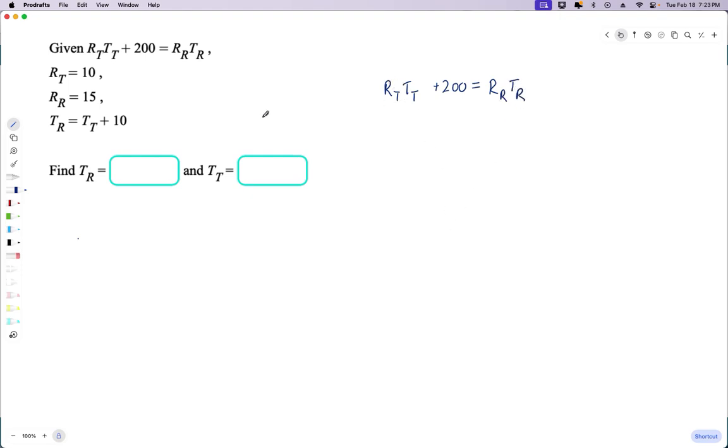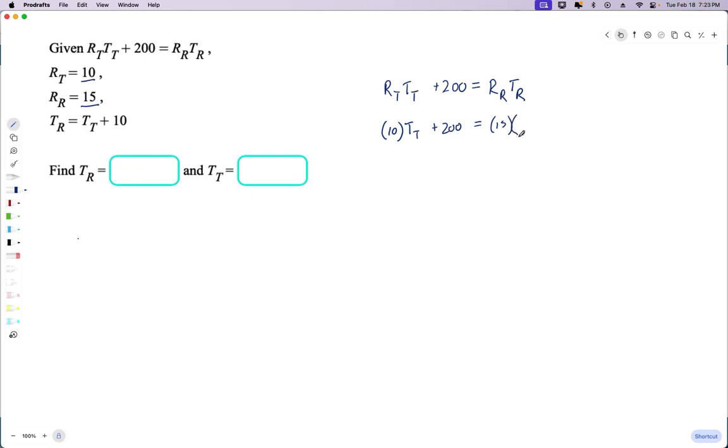All right, so RT, it tells us is 10, so we can put that in for RT. It tells us that TR is equal to TT plus 10. We don't have a value for TR or for TT, so it's just going to stay the same. Plus 200. RR, it tells us is 15, so 15.